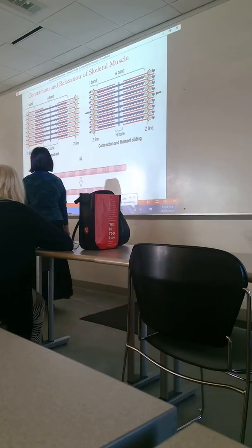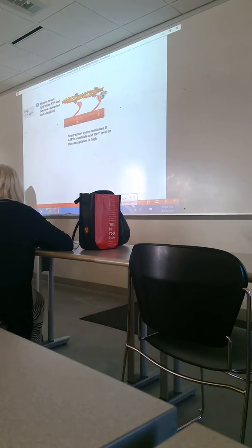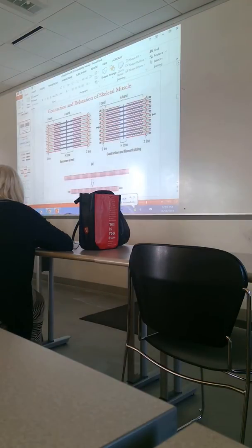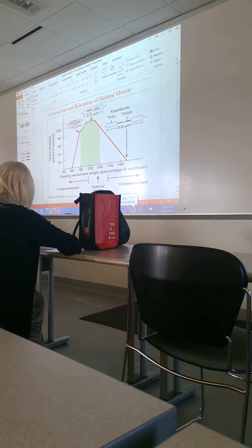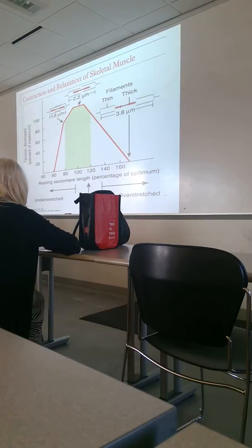Okay? So now let's go to this part right here. The fact that actin is pulled towards the center by myosin tells us something about the overlapping. The overlapping means where the actin and the myosin meet.